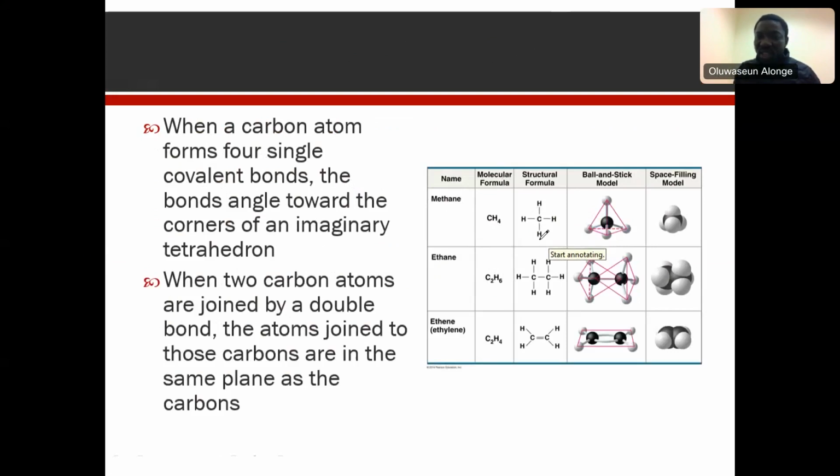So we say this is a saturated compound. Here again, you see carbon, C2H6. It's carbon bonding with other molecules. Again, what I want to stress here is that carbon can make 4 bonds with each carbon. If you count, there are 4 bonds attached to this carbon, and there are also 4 bonds attached to this carbon.